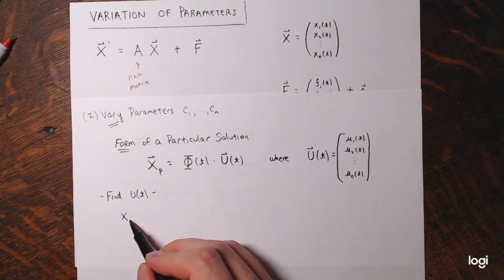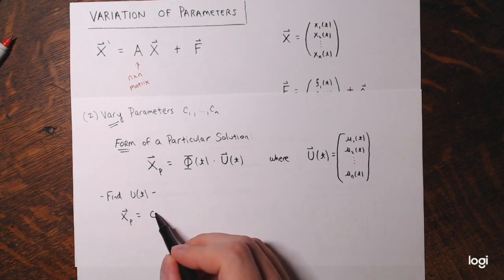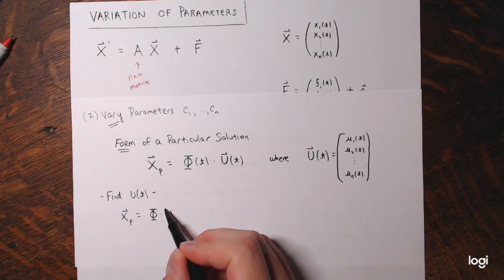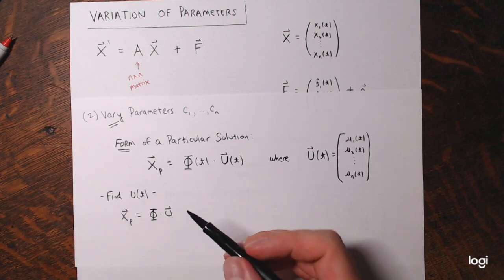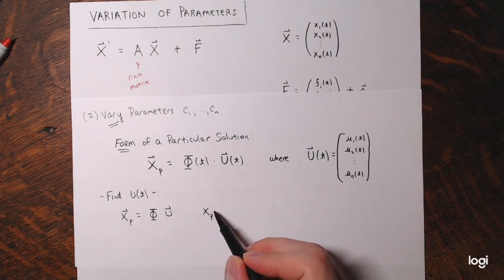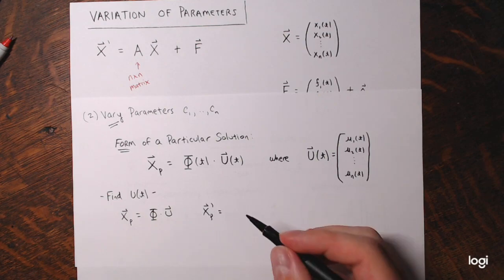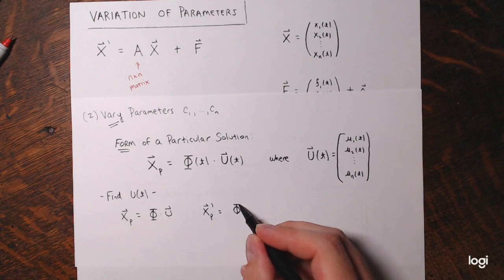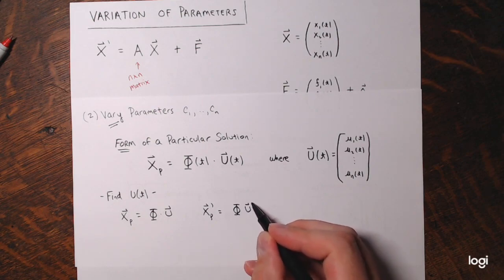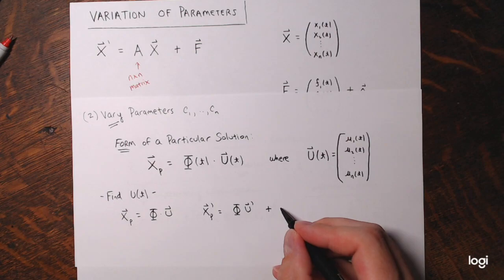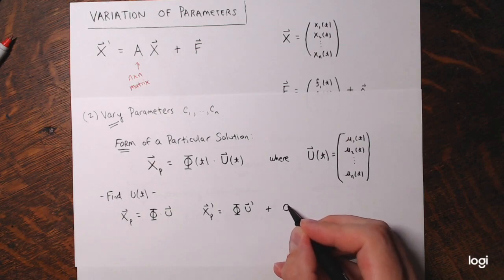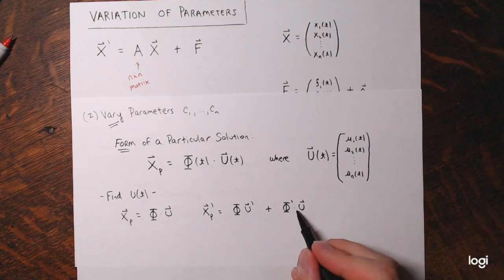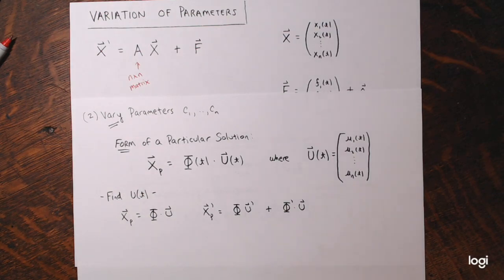So if x is equal to phi of t times u, a matrix phi times vector u, then x prime, using the product rule, is phi times u prime plus phi prime times u. I shouldn't put a dot there. This isn't the dot product. This is matrix products. So phi times u prime plus phi prime times u.